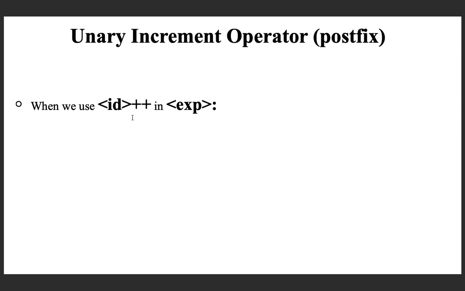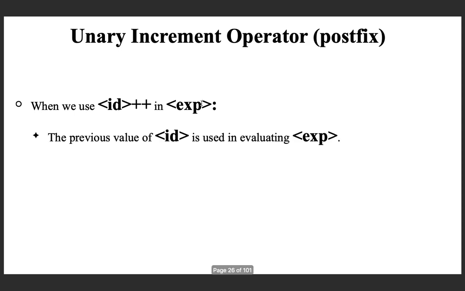Now, suppose you are using dv1++ within an expression like the previous one, then the previous value of the identifier, that is, before incrementing it, whatever the value is, will be used in evaluating the expression.